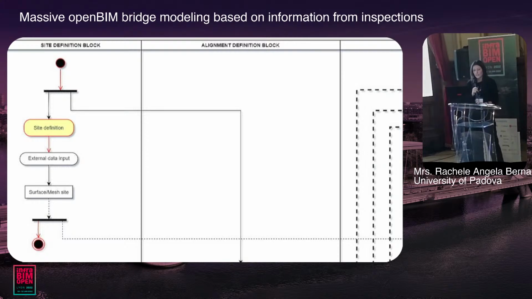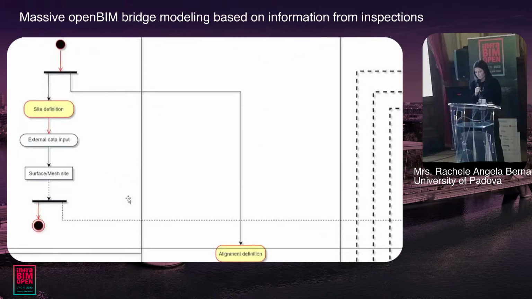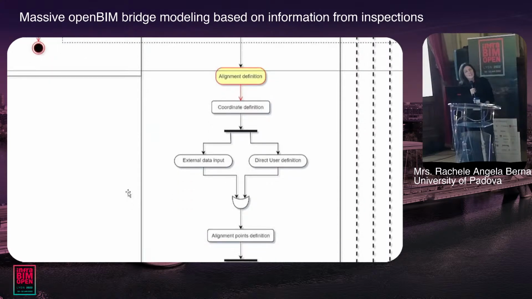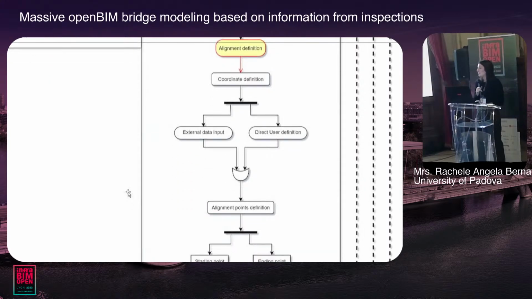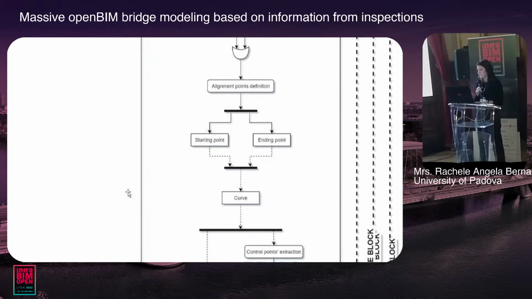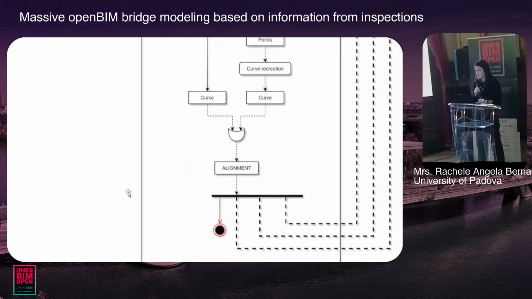And then what we have is the definition of an alignment. I do the animation manually. So we have the definition of the alignment starting from an external data input, and what we can do is define the starting point, the ending point and the curve of the alignment itself.